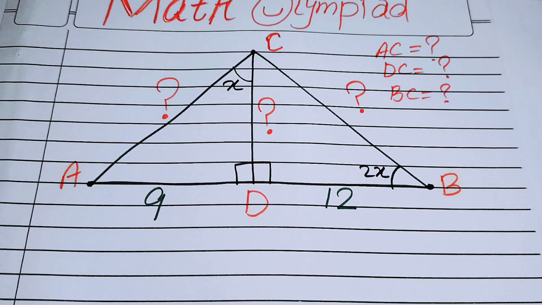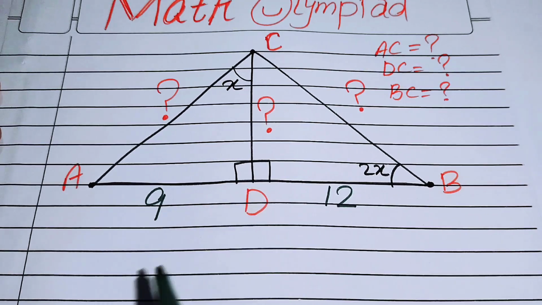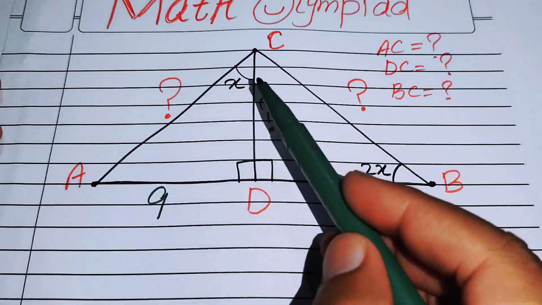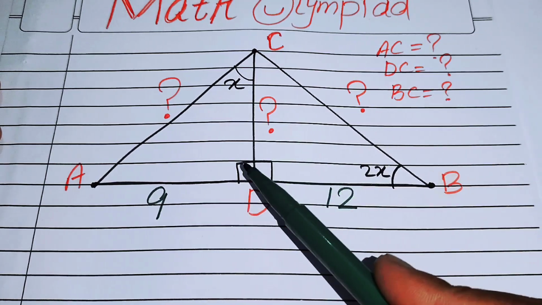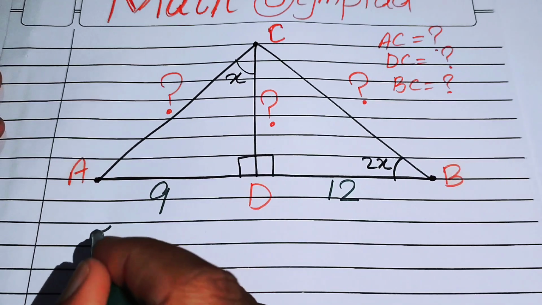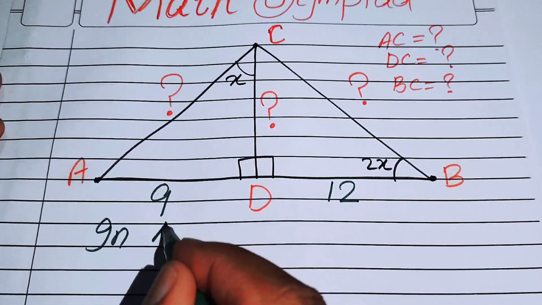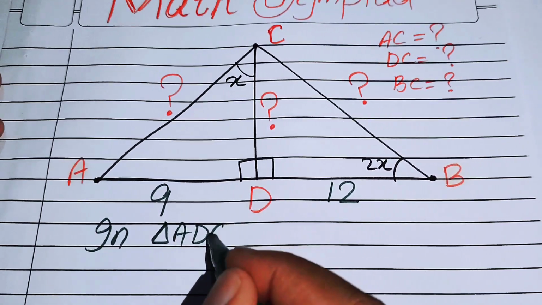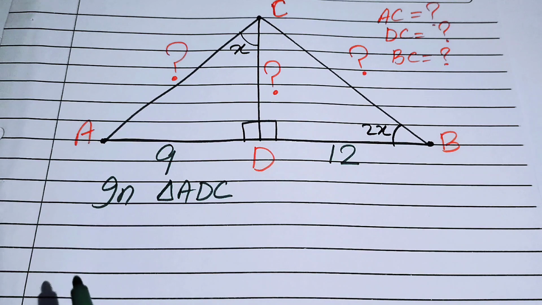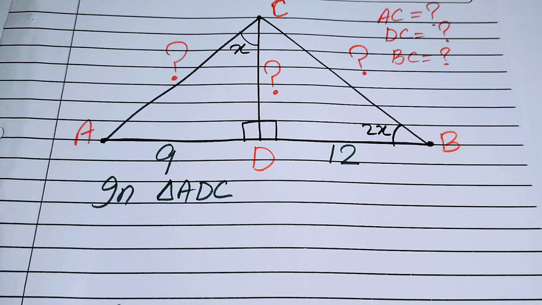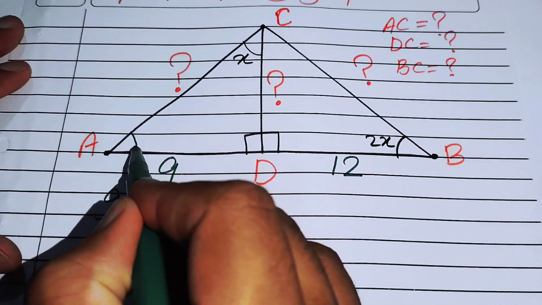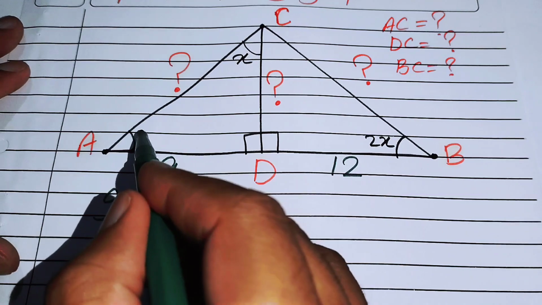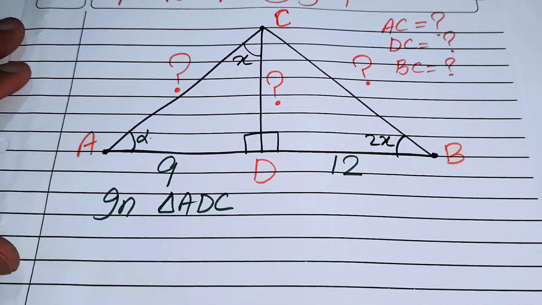So the very first thing we are going to do: in right triangle ADC we have two angles, the first is x and the other angle is 90. In right triangle ADC, you know that the sum of the angles of a triangle is equal to 180. Our aim is to find the value of this angle, and I can name this angle alpha.